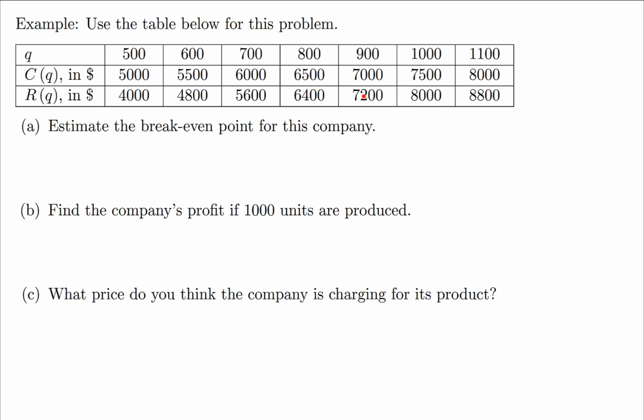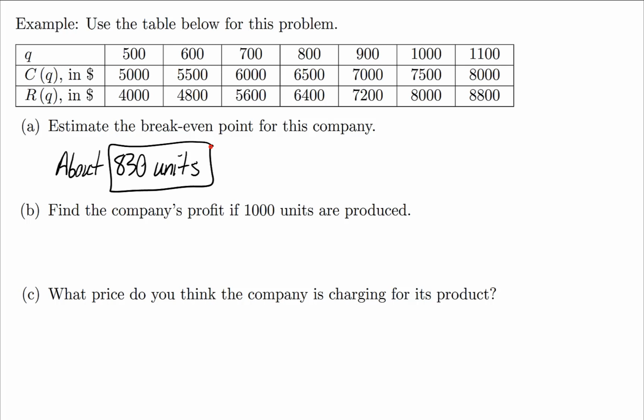What that means is it's probably closer to 800 than it is 900 where this occurs. I'm going to give an answer of about 830 units. If we were to try to make this a linear function, we'd probably get 833 and some decimals, but I'll just say about 830. Closer to 800 than it is 900 because the cost was closer to the revenue at 800 than the revenue was above the cost at 900.